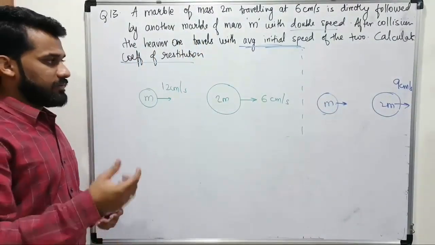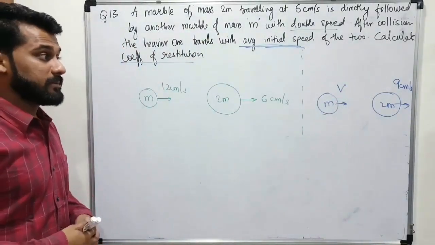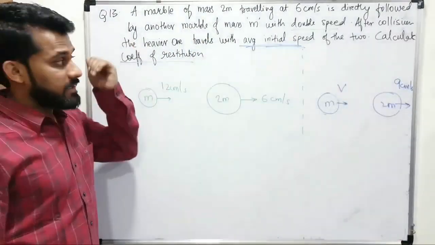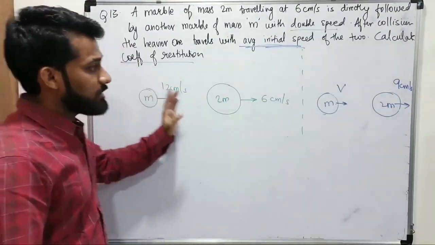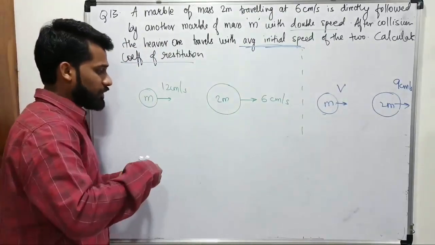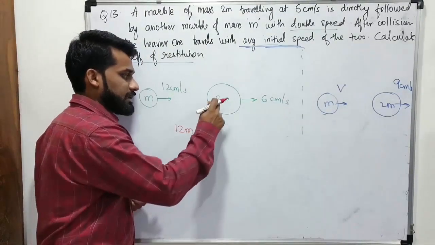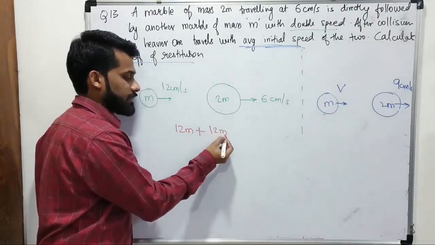So you can consider this speed as v, and use conservation of linear momentum. Any type of collision it might be, elastic, inelastic, but momentum is always conserved. So what is momentum before collision? Before collision, the momentum is m into 12 plus 2m into 6, right?